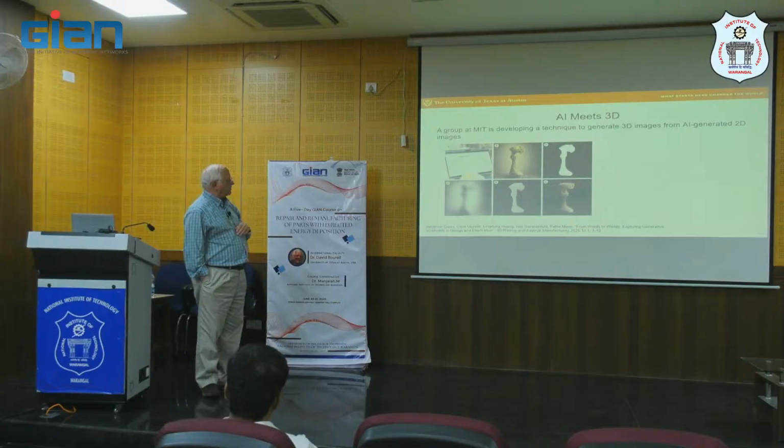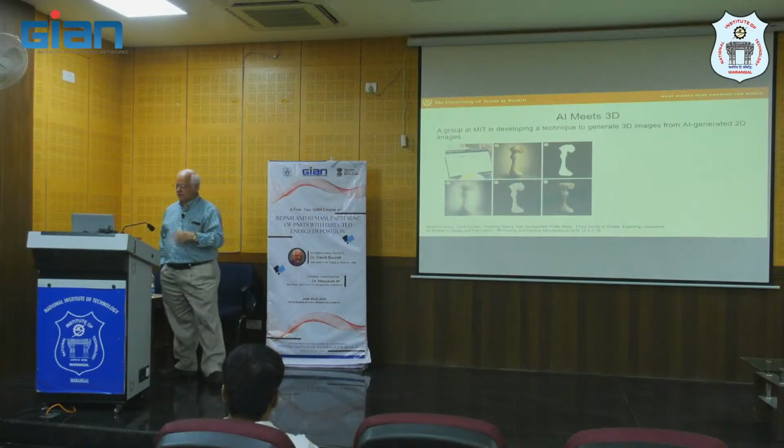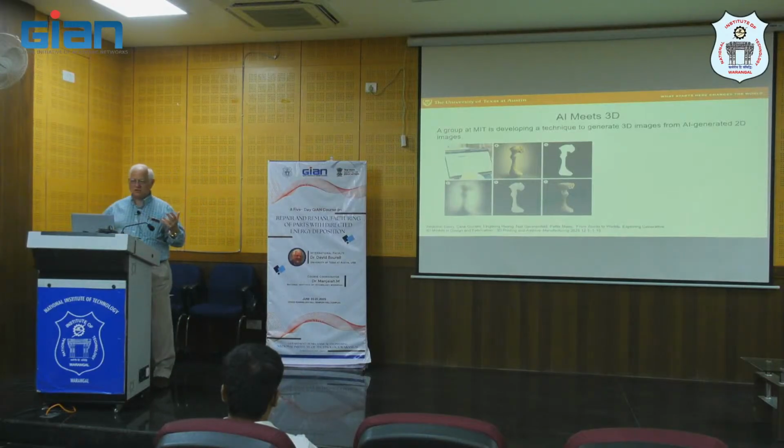I'm not familiar with exactly the method that they're using, but again, it's a mode for taking two-dimensional data and then somehow stitching it together to create a 3D object.